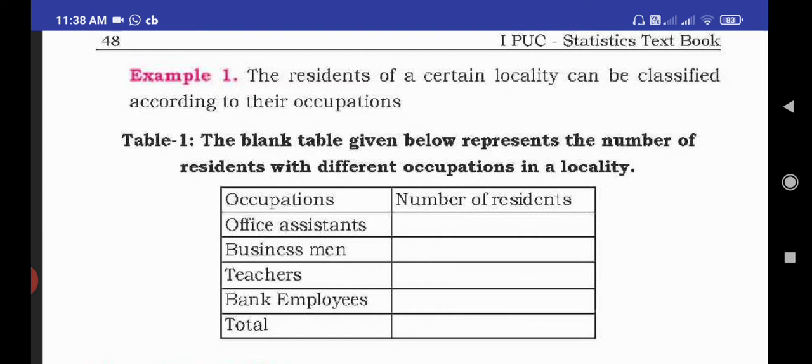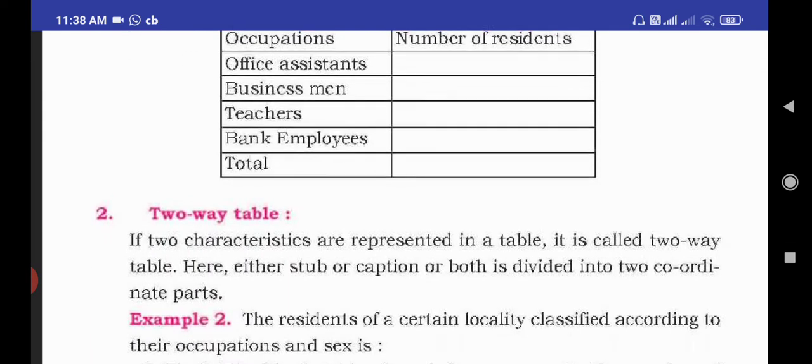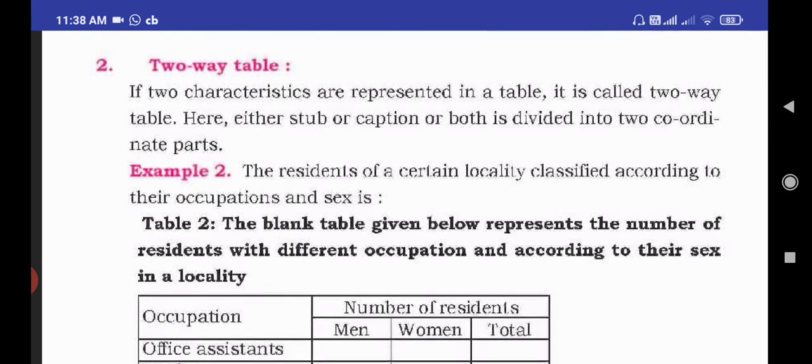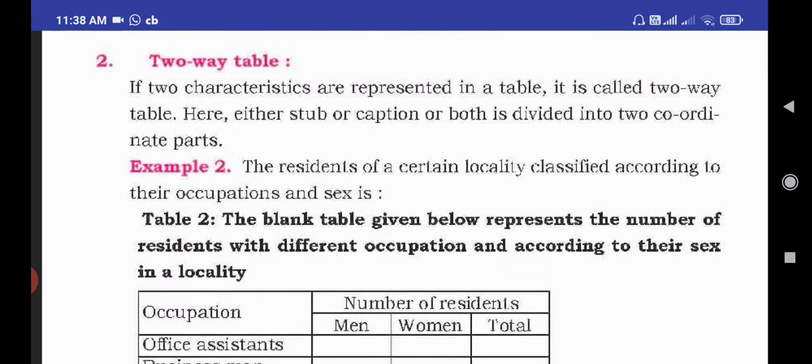Okay, students. Next, we should know about the next type of table, that is the two-way table. A two-way table means two characteristics are represented in a table.